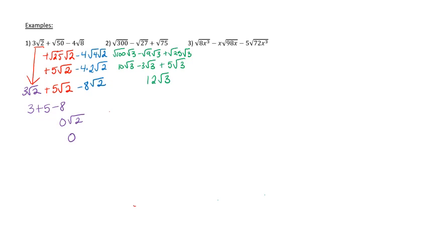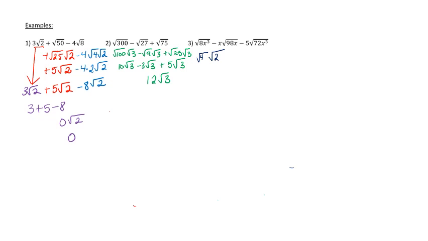All right, let's look at this next example. 8 square roots of x to the third. That's not in simplest terms because 8 is divisible by a perfect square, 4. For x to the third, remember we're going to divide by 2 because we're doing a square root. If we're doing a cube root, we divide the exponent by 3. If we're doing a fourth root, we divide the exponent by 4.